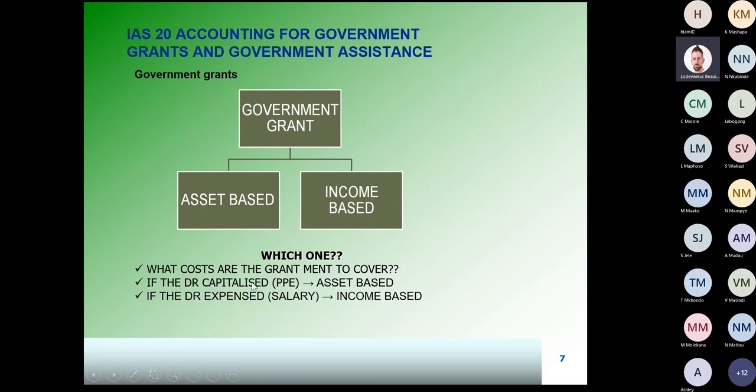If we're going to buy an asset, PPE, then it will be asset-based. If the grant is there to subsidize a salary or some cost of sales or research cost in the income statement, so if it is linked to an expense, then it will be income-based. So our expense will be less because we get the subsidy from government. So you must look carefully. Is it asset-based or is it income-based?